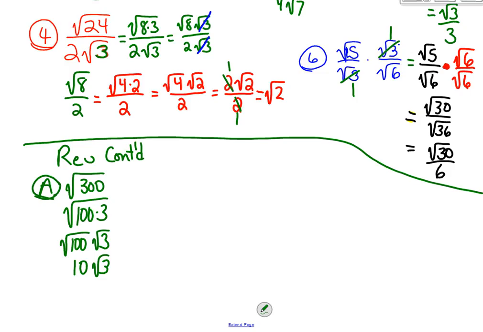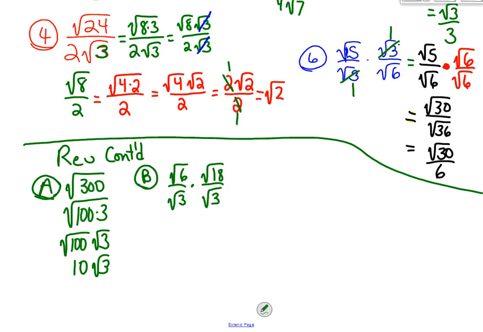If I were here, I'd be having you maybe do these on your own, but I'm just going to run through them as another example problem for us to do. The next one is the square root of 6 over the square root of 3 times the square root of 18 over the square root of 3.